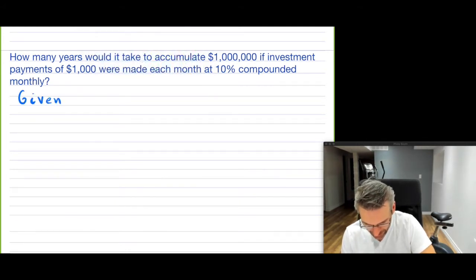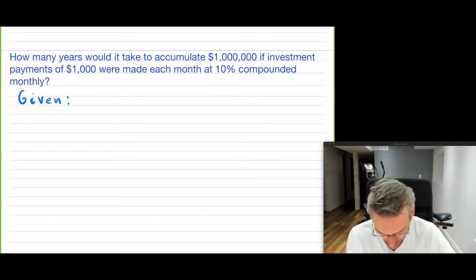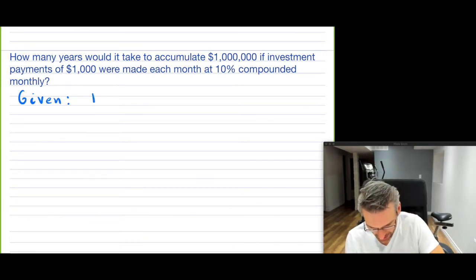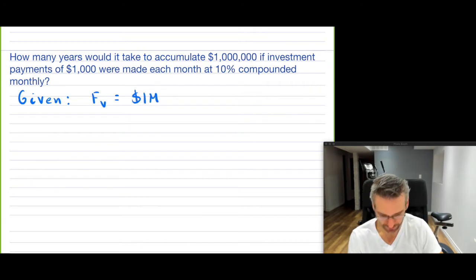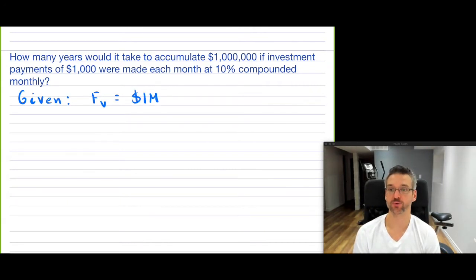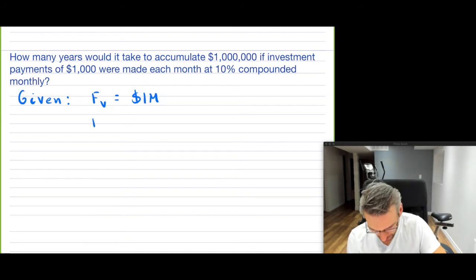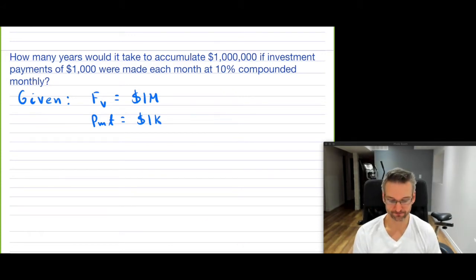So let's write it down. So given, so accumulate, so that means future value is equal to $1 million, because we want to accumulate to that. Our payments are equal to $1,000, so 1K.